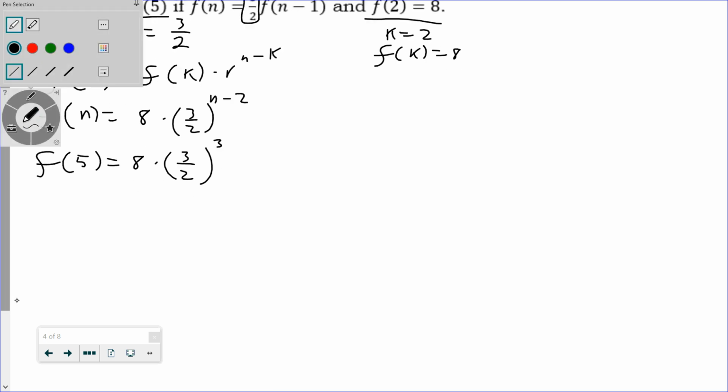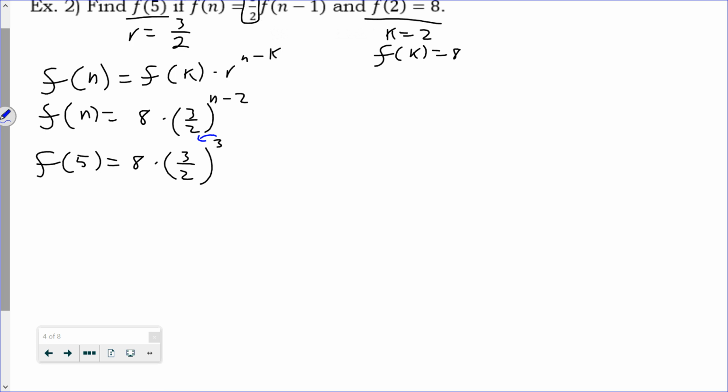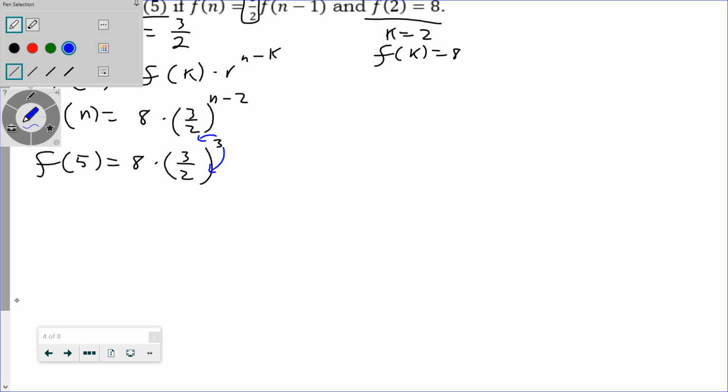And then I'm just going to distribute this 3 to top and bottom and solve it out. So I get 8 times 3 to the 3rd power, which is 27, all over 2 to the 3rd power, which is 8. The 8's cancel out, and I'm just left with 27.